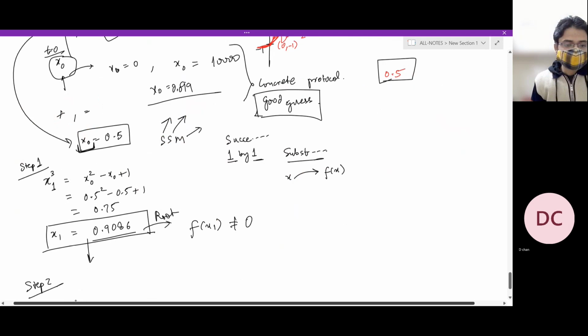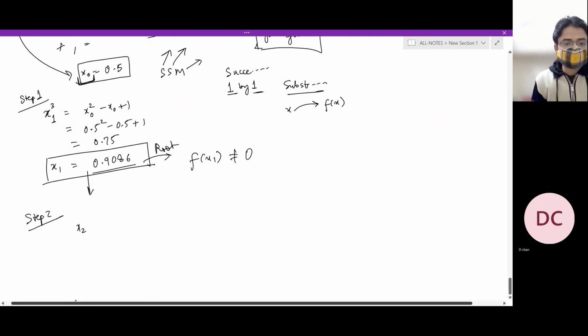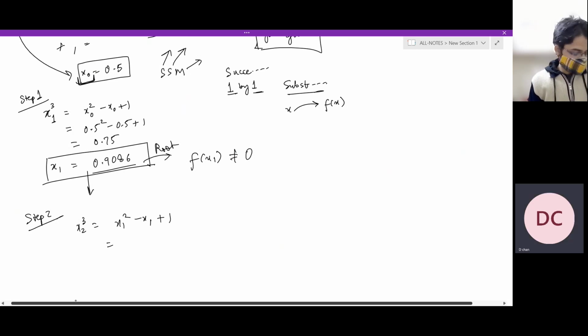So in step 2, you get x2 cubed equals x1 squared minus x1 plus 1, which equals, let's say, 0.9086 squared minus 0.9086 plus 1.